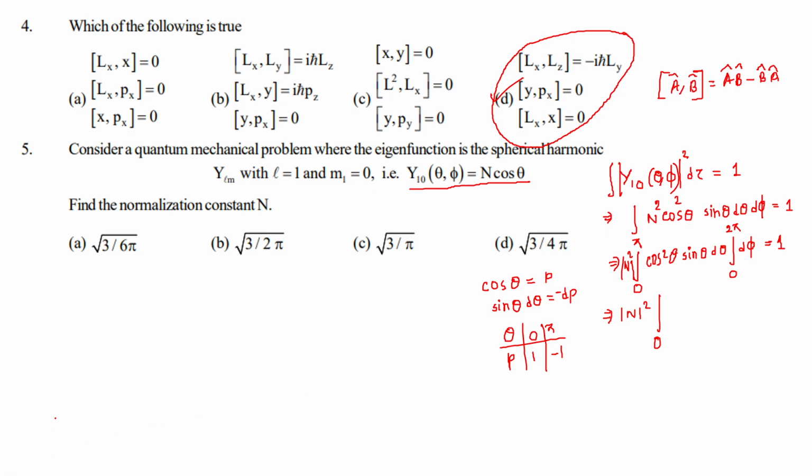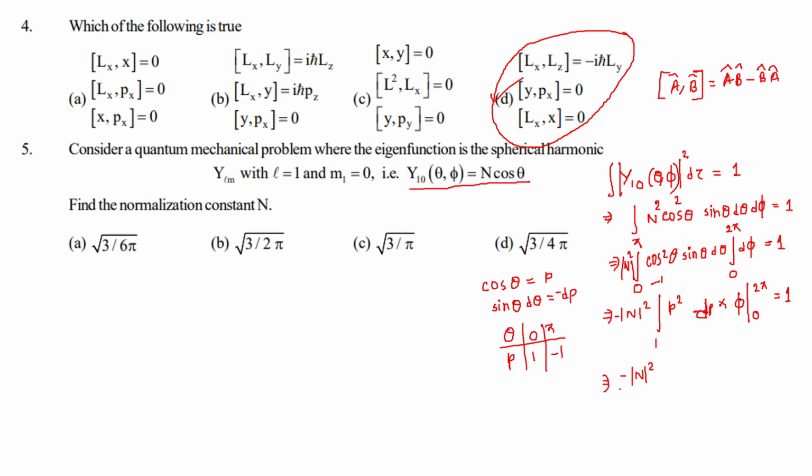So the limits go from 1 to minus 1. sin theta d theta is minus dp. So I can take this minus outside, right? And the integral of d phi from 0 to 2 pi is 2 pi.